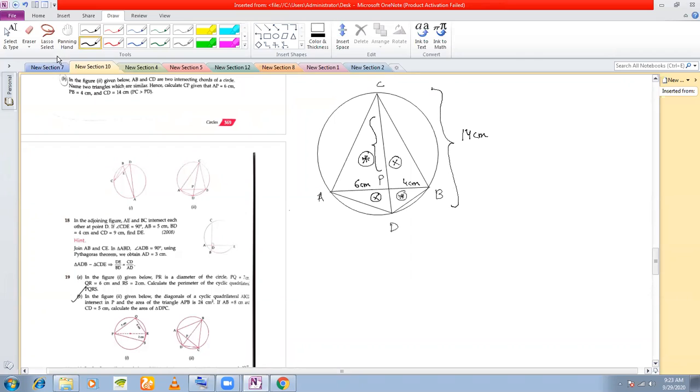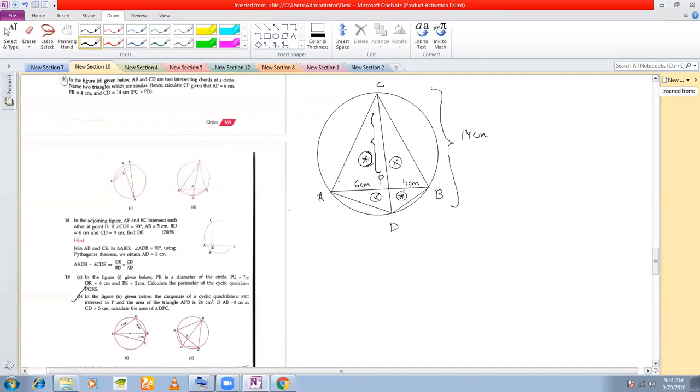Now you tell me which triangle you are interested in proving similarity for, the star one or the cross one? It depends on what length is given to you and what length you have to calculate. You have to calculate this length CP.